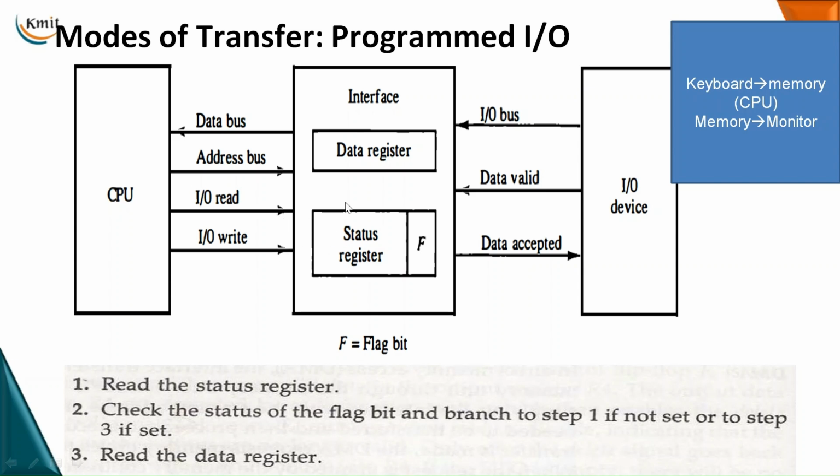It keeps on checking the flag bit of the status register to determine if there is any information existing in the data register. Whenever the status register flag bit is set to 1, then it reads the data from the data register. If the flag bit is not set, it again keeps on checking the status register until its flag bit is set to 1.